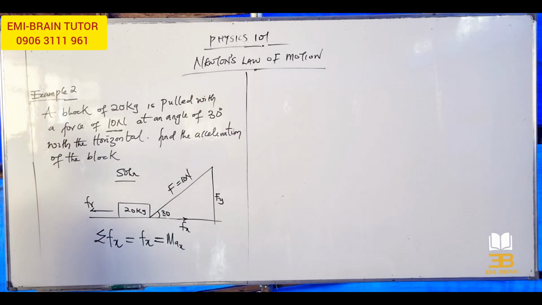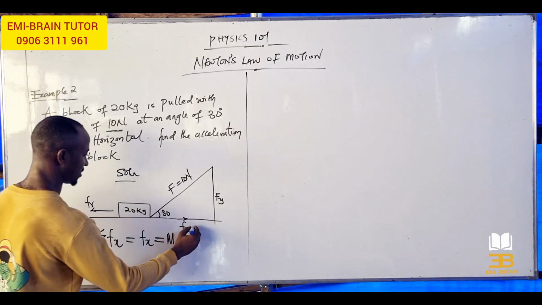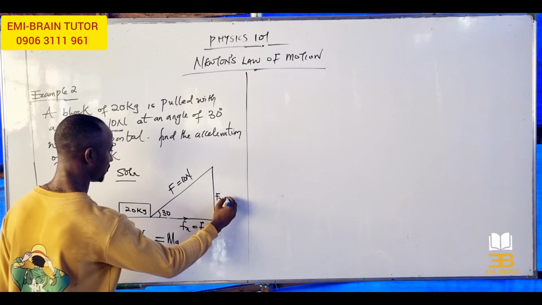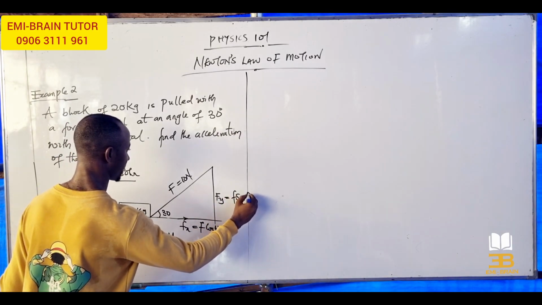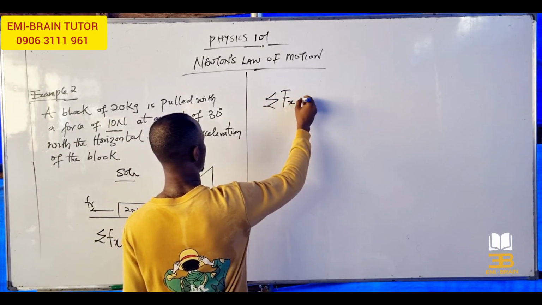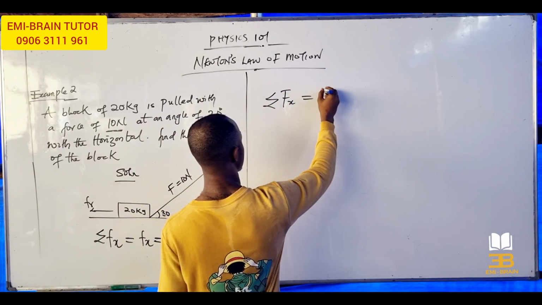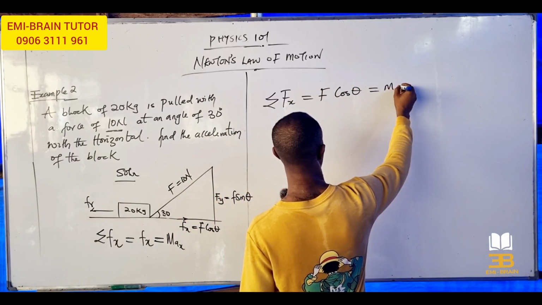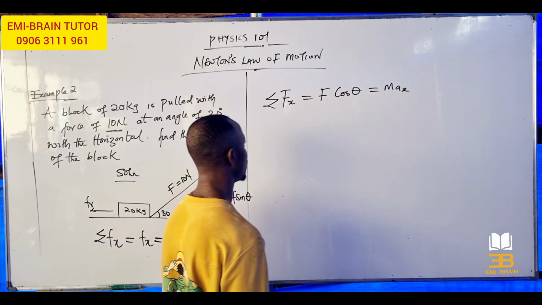Acceleration. Don't forget that this Fx here can be resolved as F cos theta, while Fy is resolved as F sine theta. So the sum of all forces, which is equal to our Fx, is F cos theta, which equals mass times acceleration along the horizontal axis.